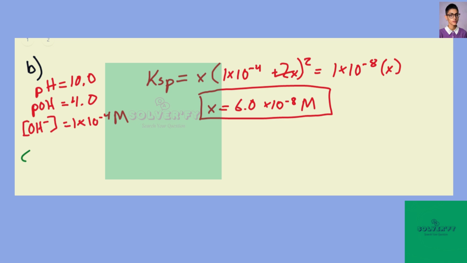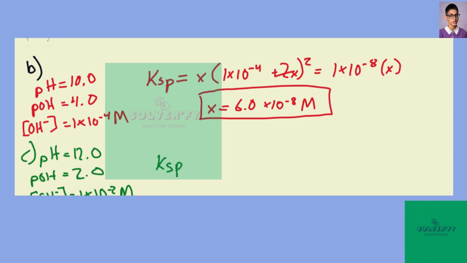So finally, we can do it for pH of 12.0, which would give us a pOH of 2.0 and an OH concentration of 1 times 10 to the minus 2 molar.